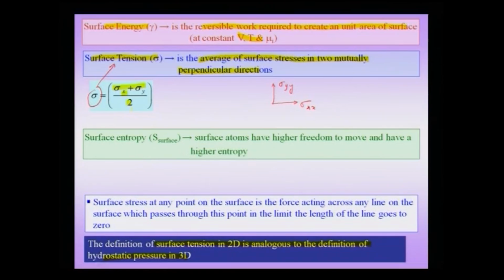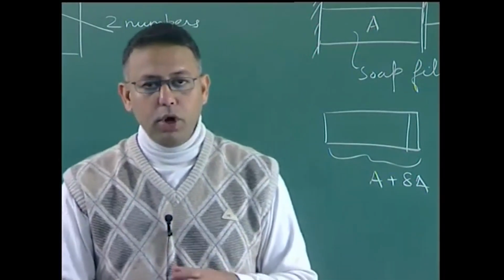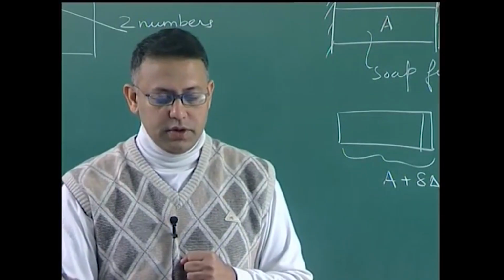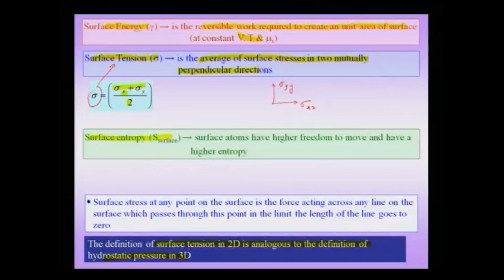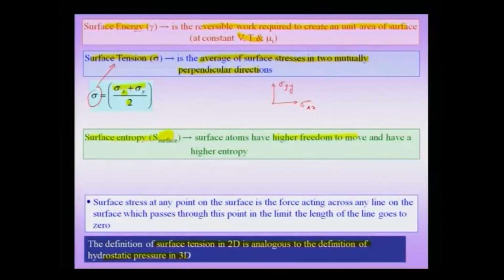An additional factor comes into play when I am talking about a surface, which is the concept of surface entropy. When I am talking about surface energy, I could just be talking about the internal surface energy, or the enthalpy of the surface, or the Gibbs free energy of the surface. When I am talking about the Gibbs free energy of the surface, I need to involve the concept of surface entropy, as the surface atoms have a higher degree of freedom to move, and hence they have a higher entropy.